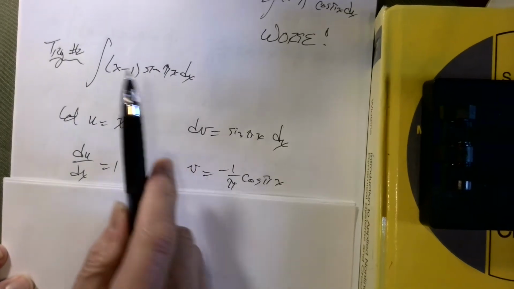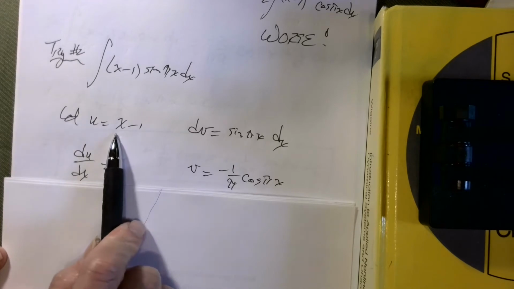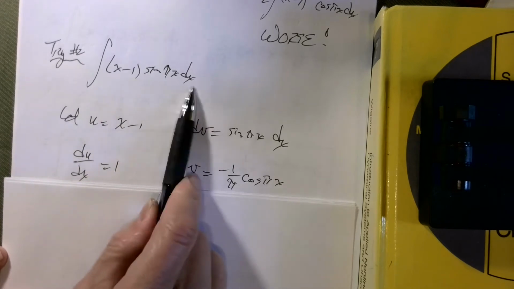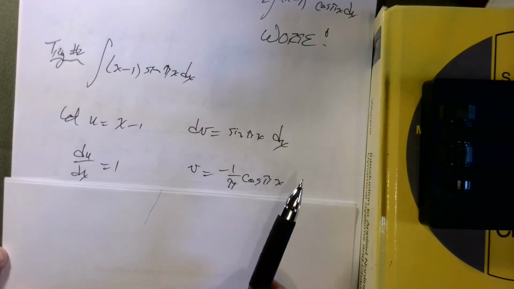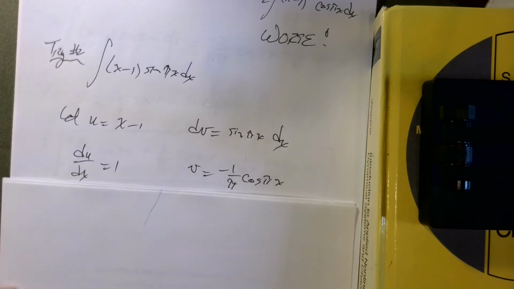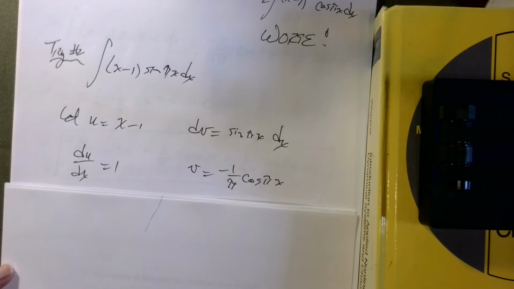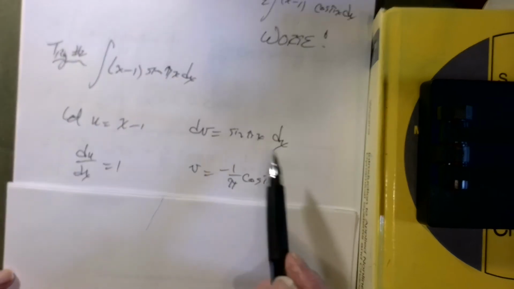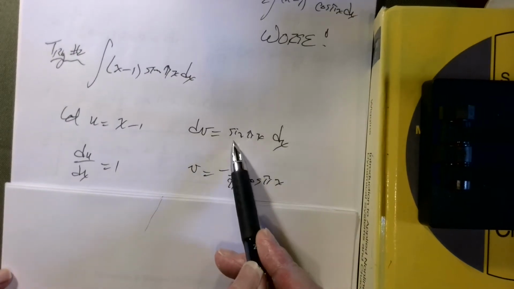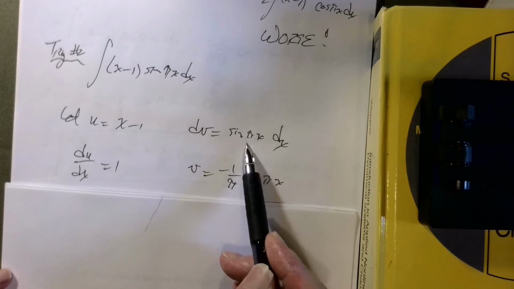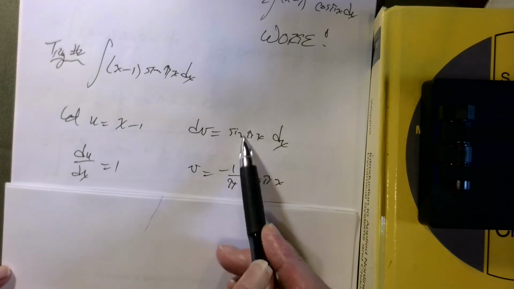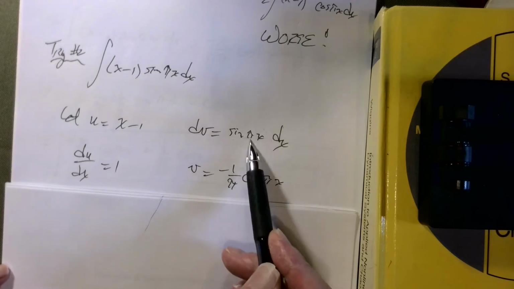So let's try the following. Let's let the u be this guy. Whatever's left over has to be the dv. So we're going to take, and we have to integrate this. Now what's going to happen is obviously your u is going to be the pi x.